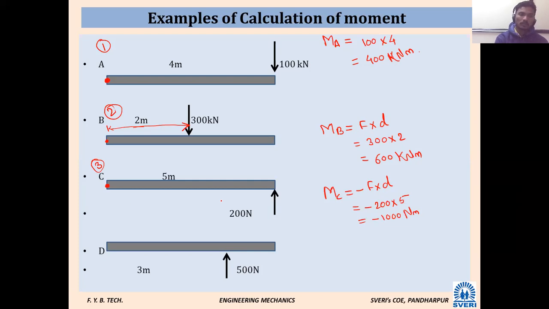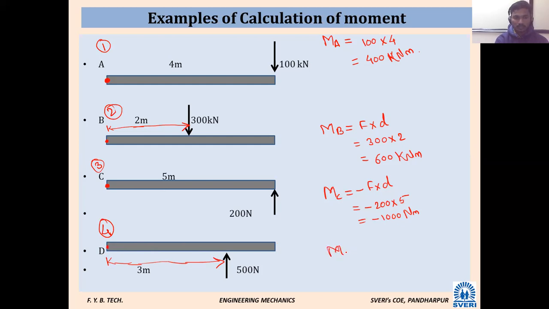Very simple. Just for your imagination, I have put here very simple examples. Next. Minus 1500 Newton meter. Try to imagine the moment at point D due to force 500 Newton, with the distance given.